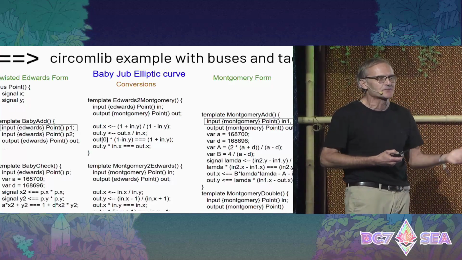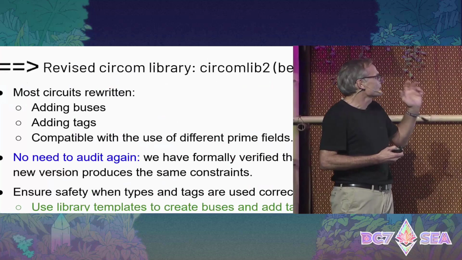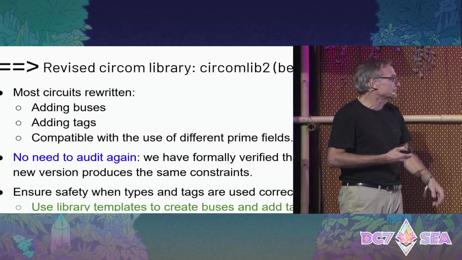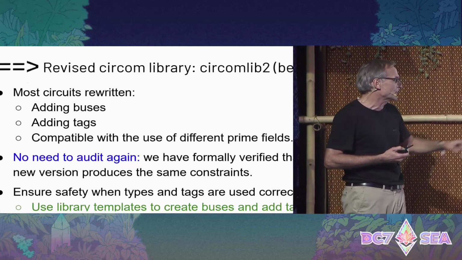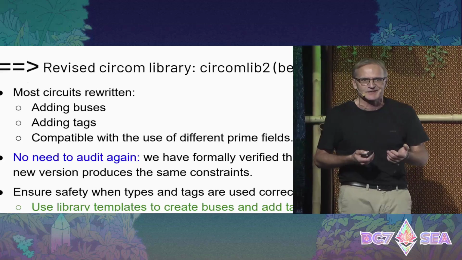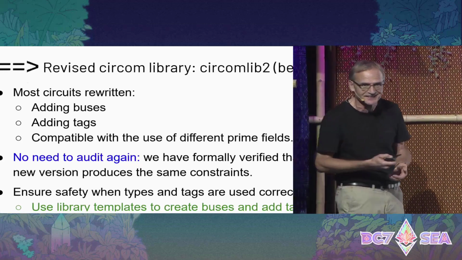Okay, and then the type check will check everything. Okay, good. So we have revised the library. We have added buses, tags, made it compatible with different primes, and we don't need to audit again because we have formally verified that the constraints are the same. It's simply that they are nicely written.